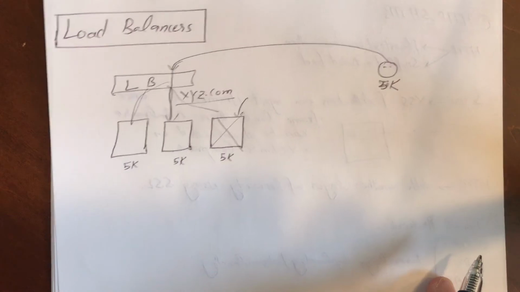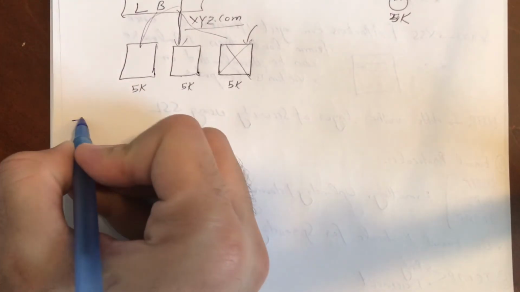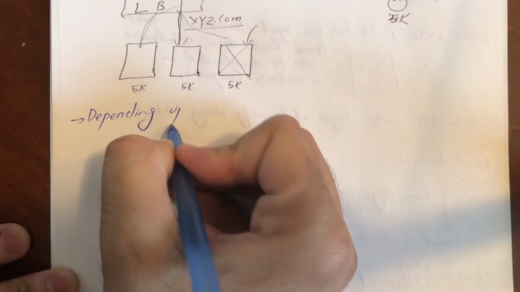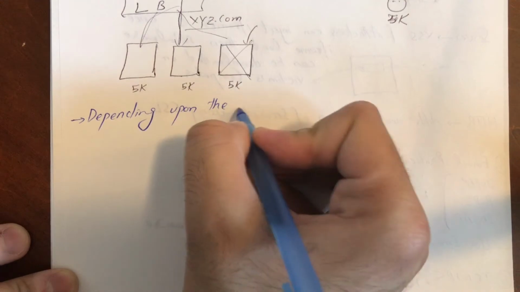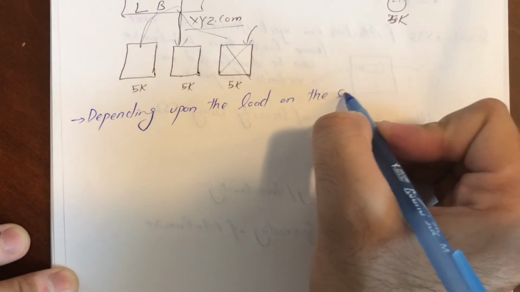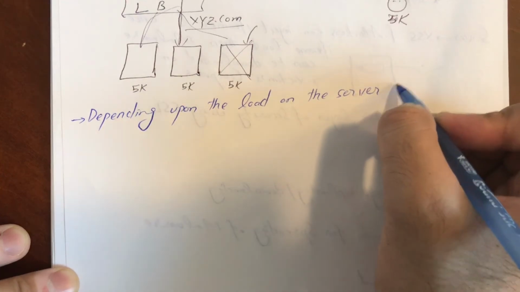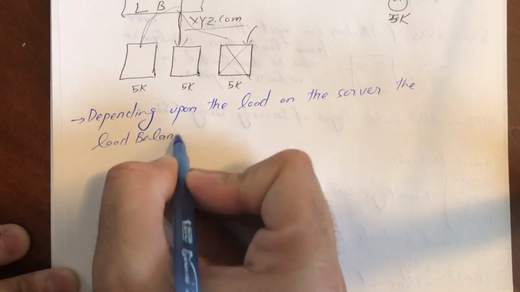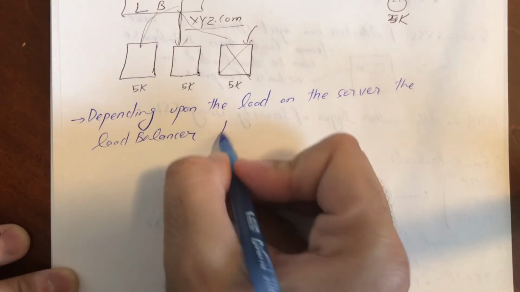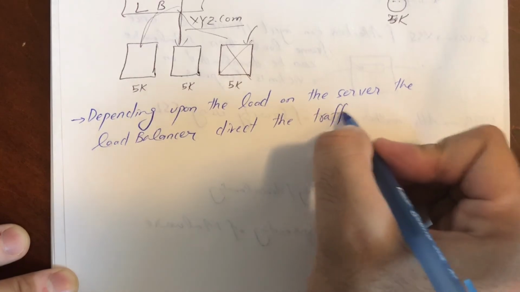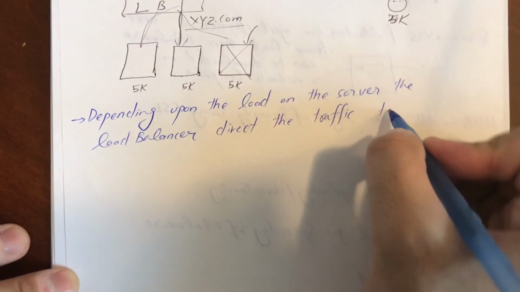So the definition of a load balancer is that, depending upon the load on the server, the load balancer directs the traffic to other servers.